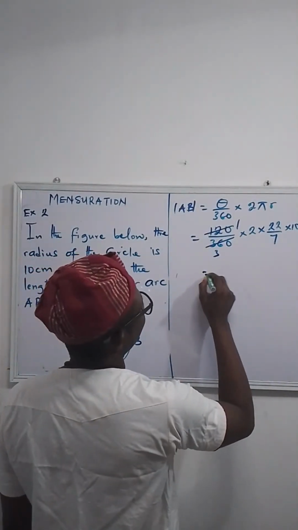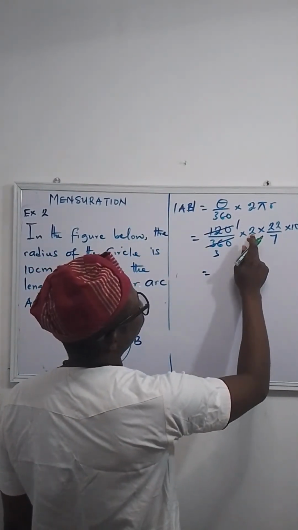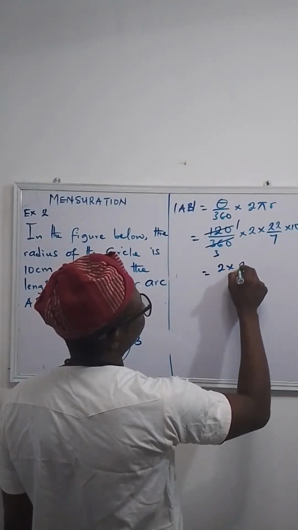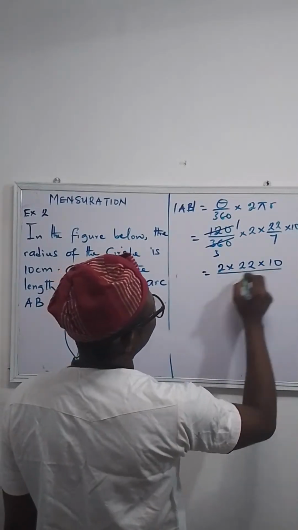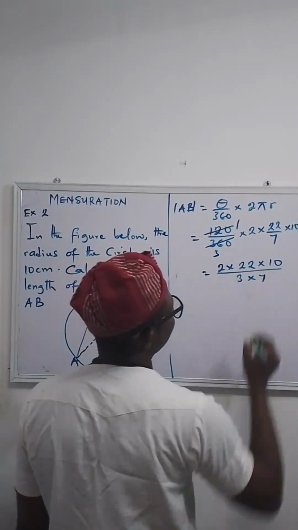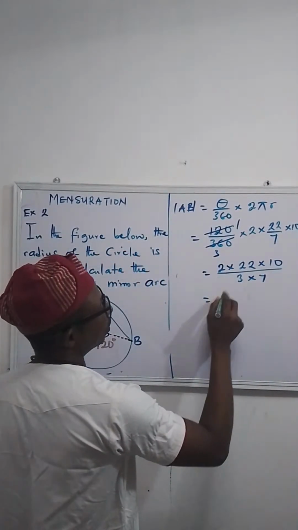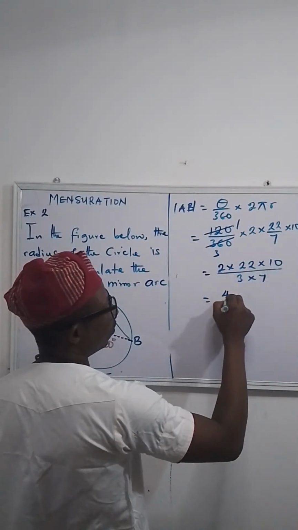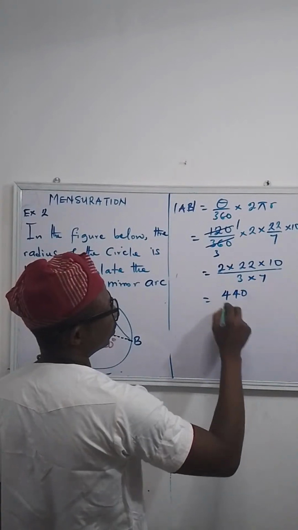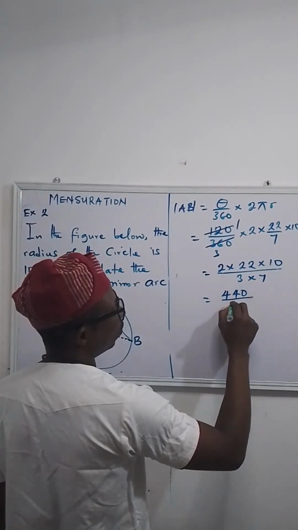So we have now 2 times 22 times 10 all over 3 times 7. Okay, so that gives us what? 2 times 22, that's 44, times 10, that's 440 over 21.